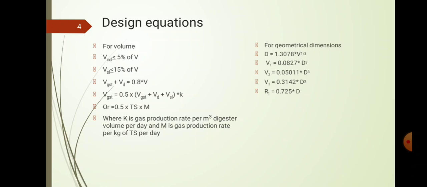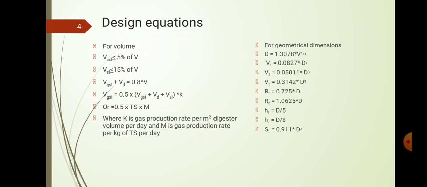And R1, the radius of the hemispherical top part, will be 0.725 into D. R2 is 1.0625 into D. Then H1, the height of the top hemispherical part, is D by 5, and H2 is D by 8.